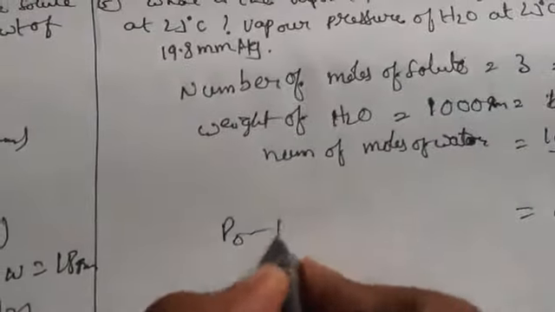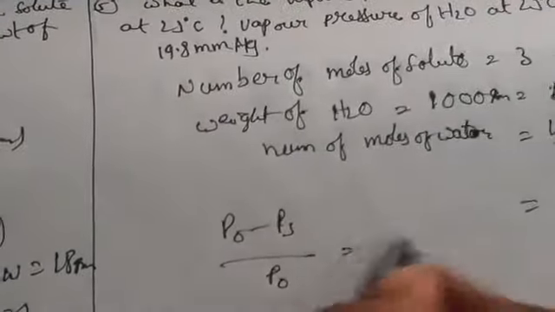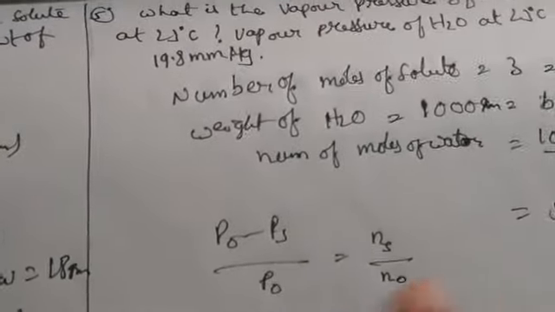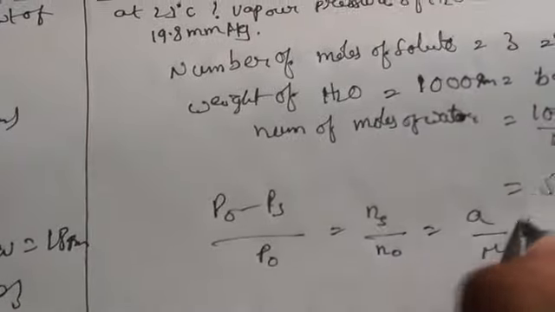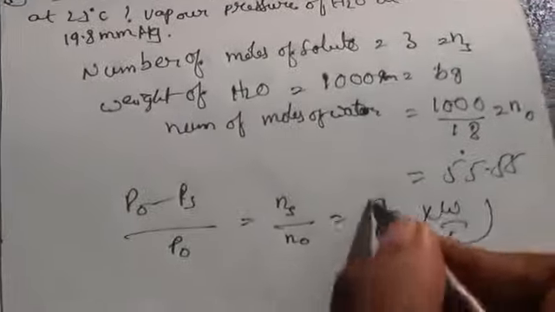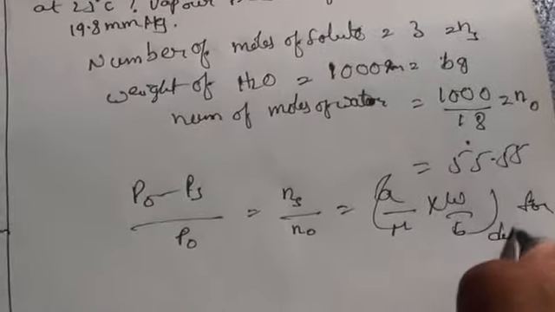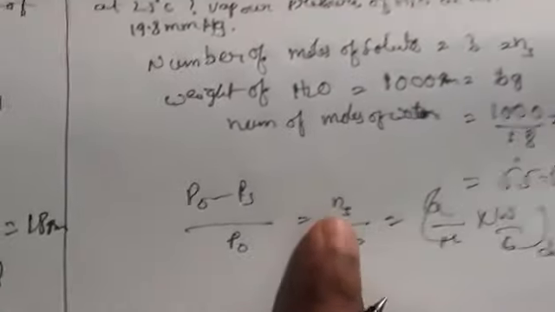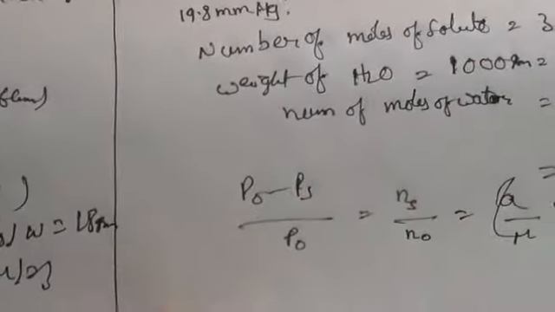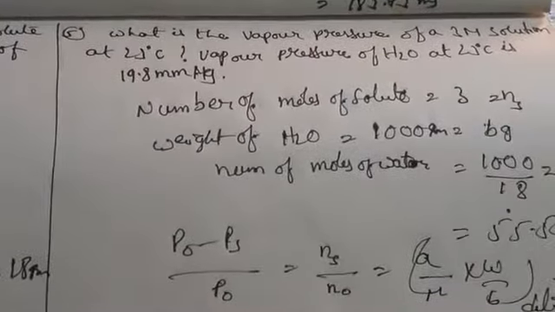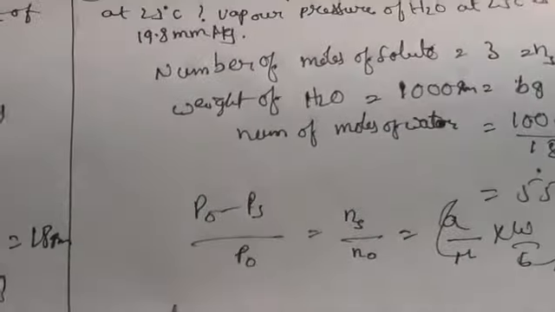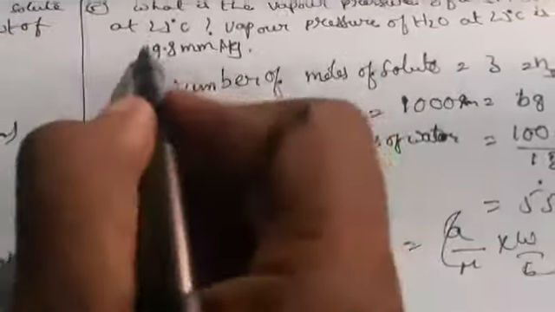So (P naught minus PS) by P naught, as I told you in the beginning, is NS by N naught; in dilute solutions we will write A by M into W by B. This is for dilute solutions. If you see the derivation of Raoult's law, I have explained this formula. So what is the P naught he has given? P naught is equal to 19.8, he has given already.